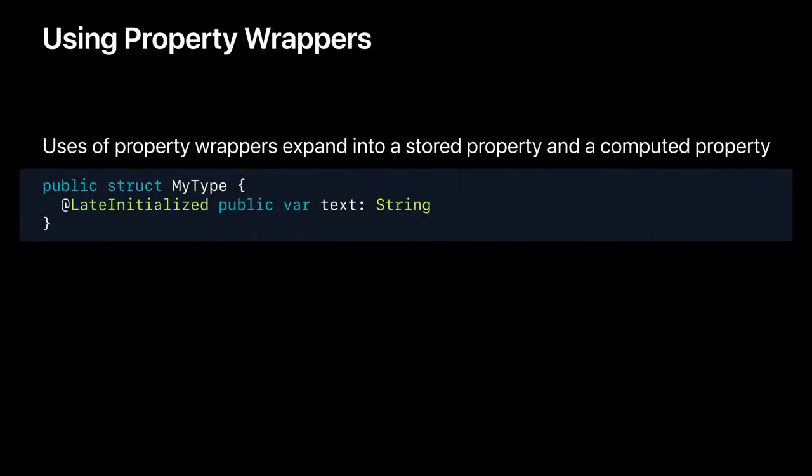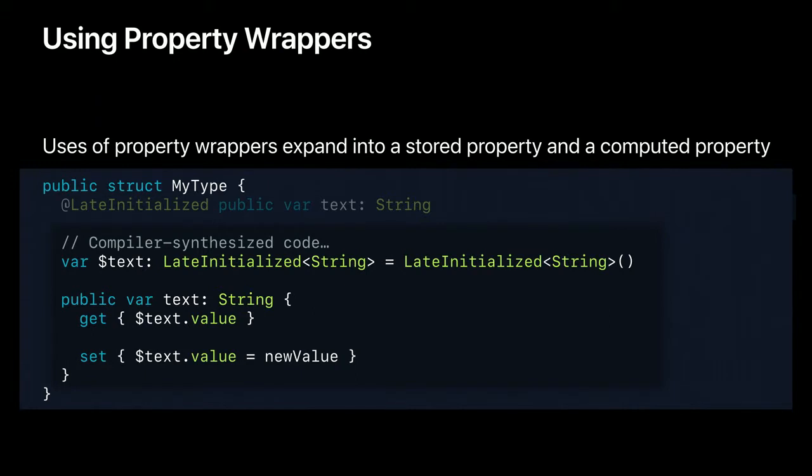So when you use a property wrapper by applying it to a particular property, the compiler is going to translate that code into two separate properties. We're essentially expanding out into that pattern we saw in the beginning here. So you have the backing storage property with this $ prefix, so $text. And the type of this is an instance of the property wrapper type.